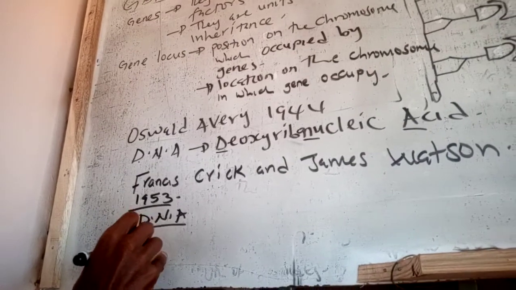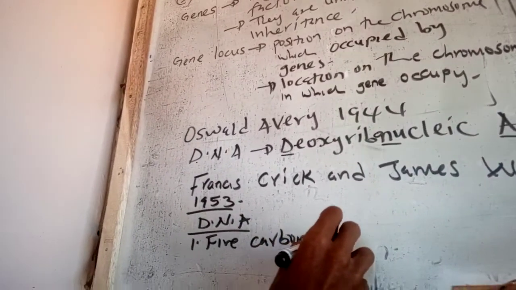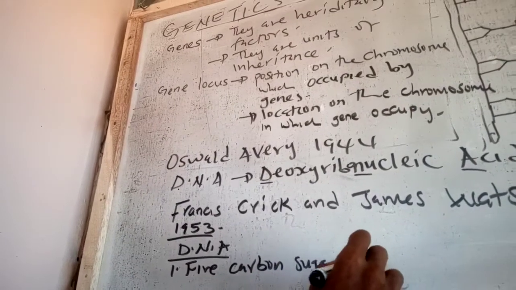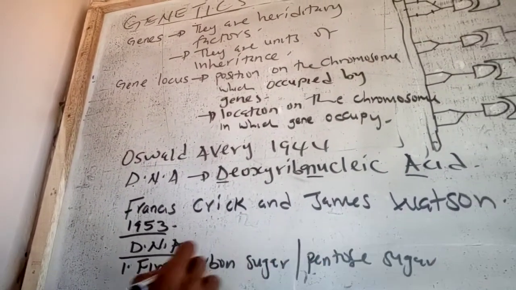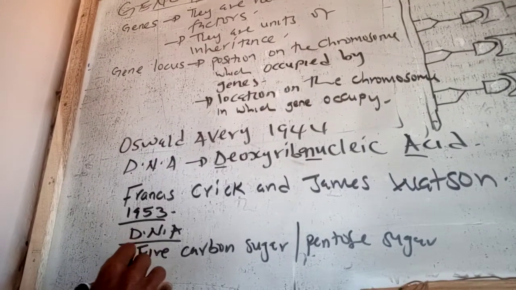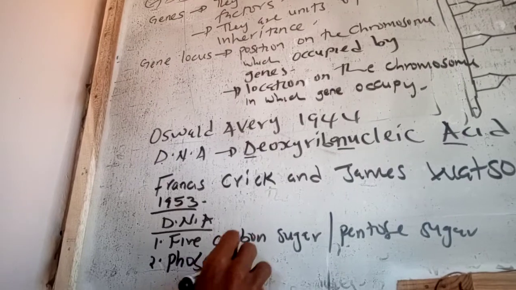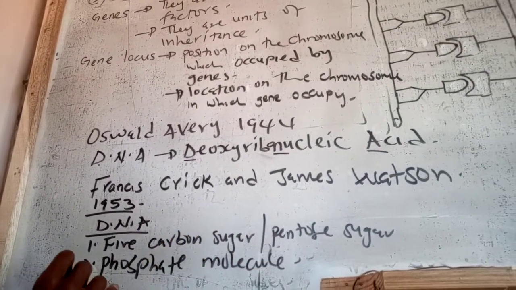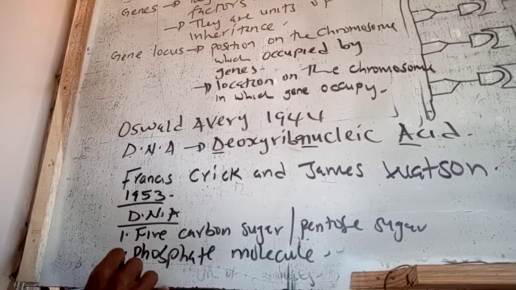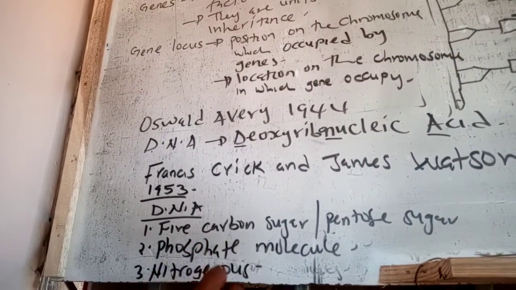Number one, 5 carbon sugar, or pentose sugar. The second one, they found one phosphate molecule, and the third component was the nitrogenous base.